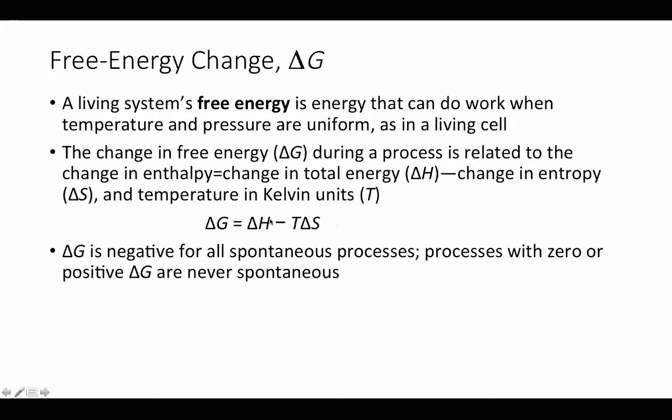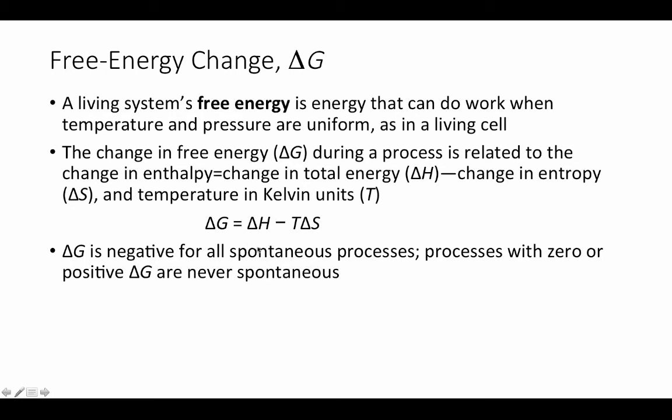So subtracting that from the total, if it's spontaneous, it's going to make this whole term smaller, okay? If it's gaining entropy, this term is going to be positive. You're going to be subtracting a positive number from the total change in enthalpy, the total change in energy, and this will tend to make delta G smaller.